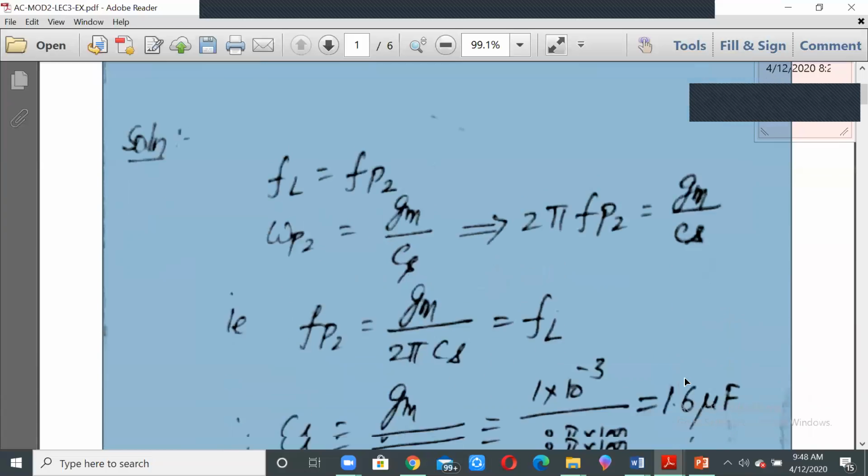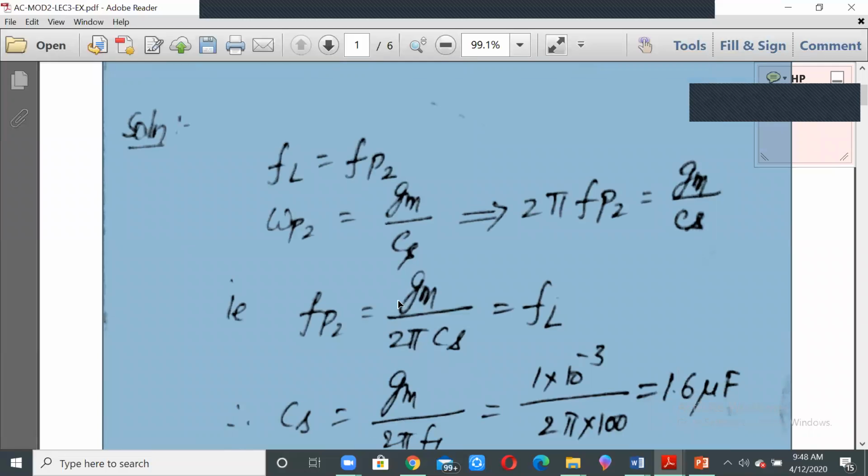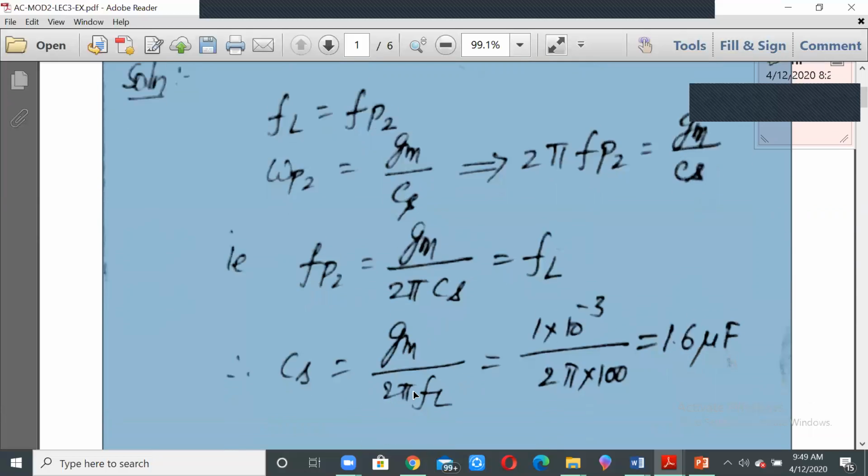And hence we can readjust all this. That is, fP2 is equal to gm by 2π CS, and that will be equal to fL. So if I take the CS here and fL here, then I'll get the equation here.